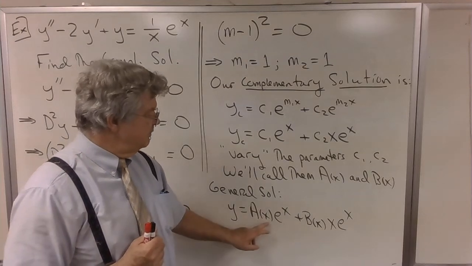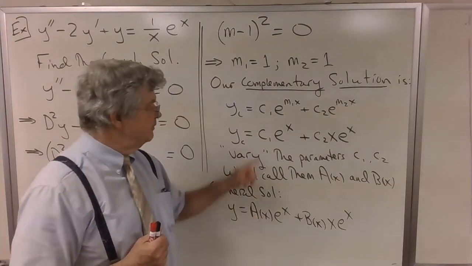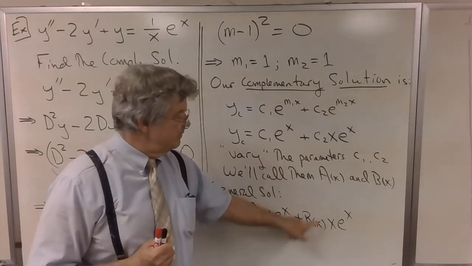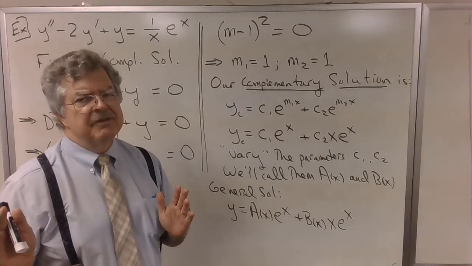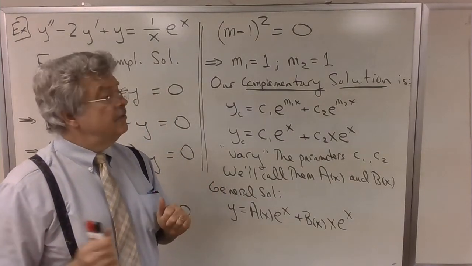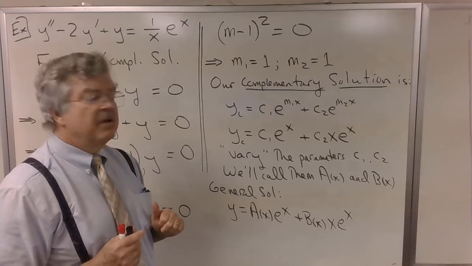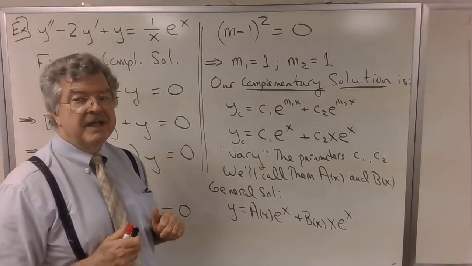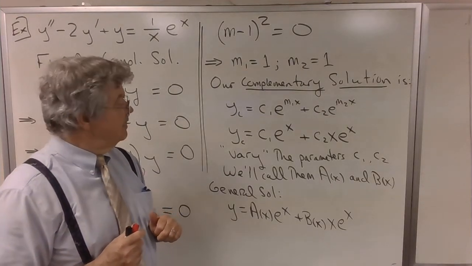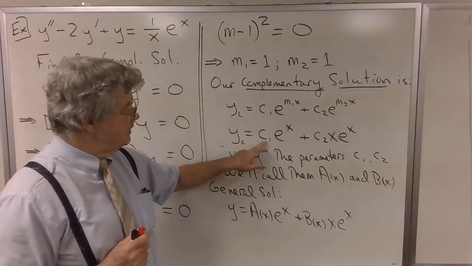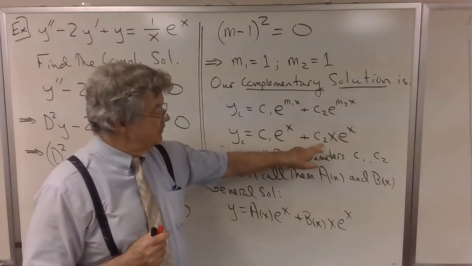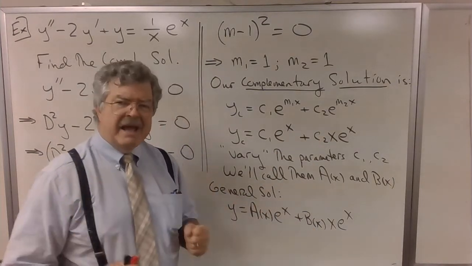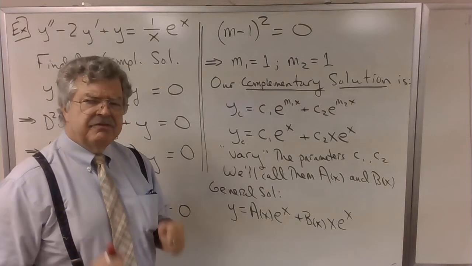Most pairs of functions a of x and b of x, if we just plug them in for C1 and C2, won't give us the general solution. So the first restriction is that when we plug them in for C1 and C2, we actually do get the general solution.